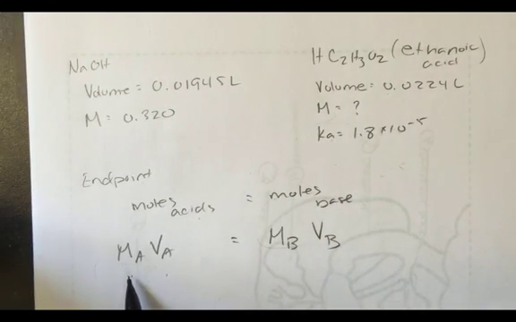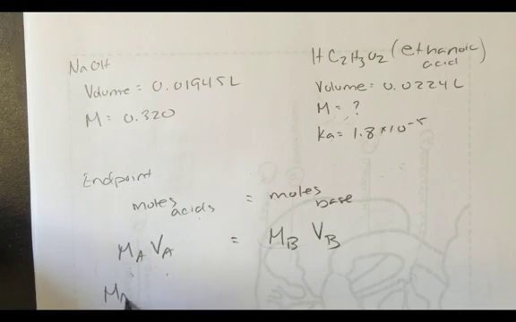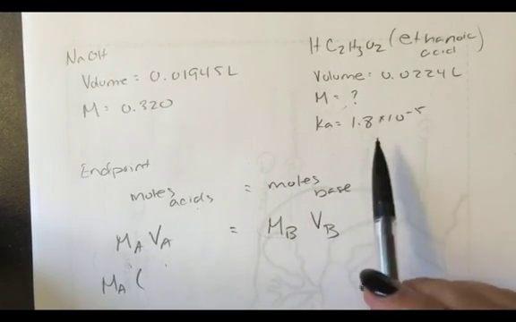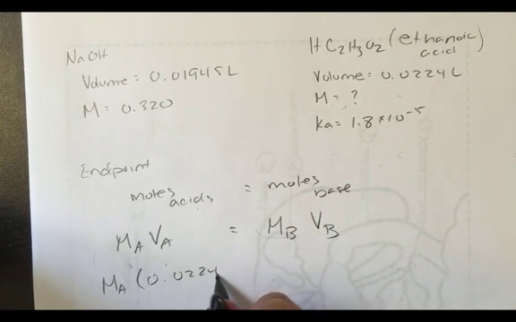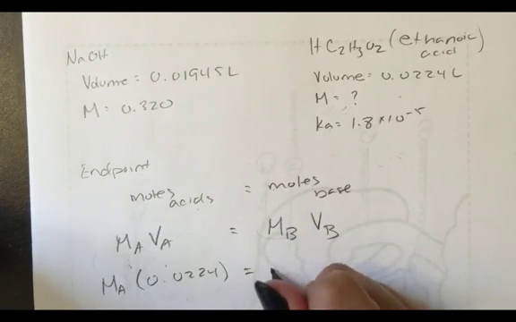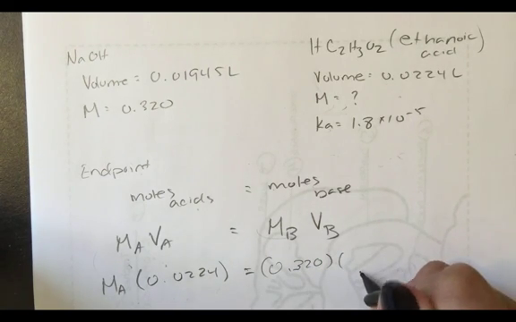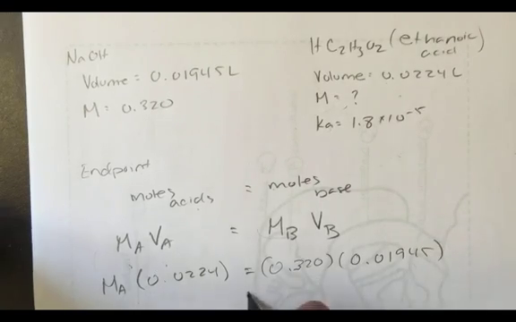So I know the molarity of acid is the one thing we don't know. So I'm just going to leave that as molarity of acid times the volume of the acid. The volume of the acid is 0.0224. My molarity of my base over here is 0.320, and the volume of the base is 0.01945 liters.